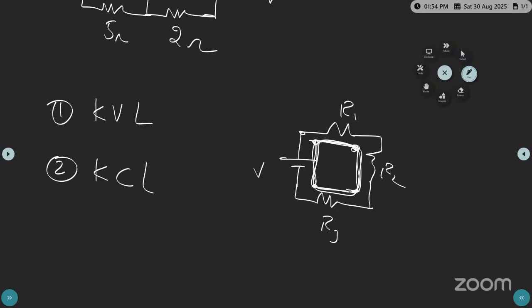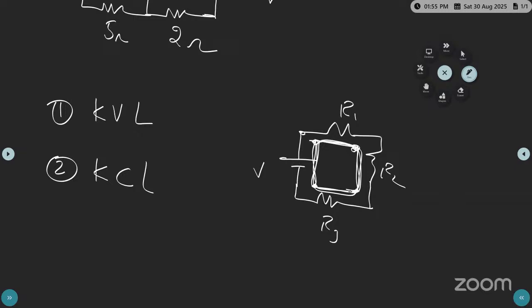If I add all these voltages in a closed loop, it is going to be 0. So Kirchhoff's voltage law states that it is applicable to loops. So in a closed loop, the algebraic summation of voltages across the elements is equal to 0. That is about KVL.